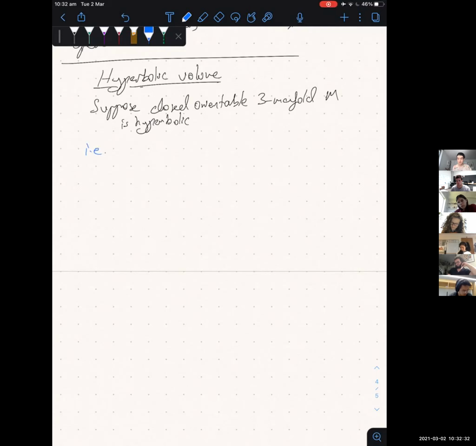It means that, similarly to the definition of a regular 3-manifold where you've got an atlas of charts and you require that your transition maps are continuous, we have an atlas of charts into hyperbolic 3-space with transition maps that are hyperbolic isometries.